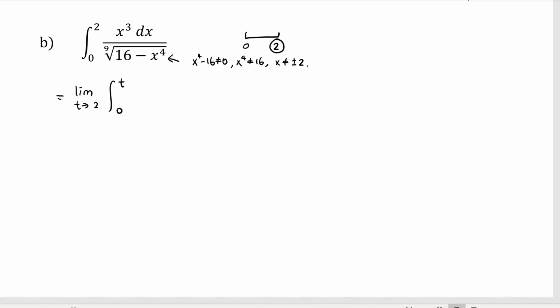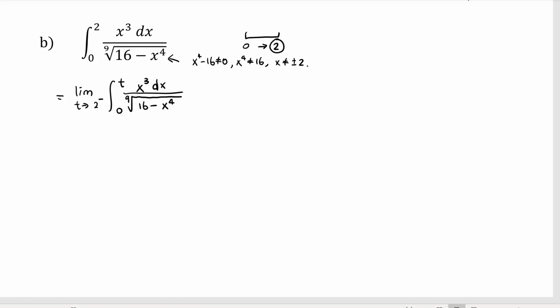T goes to 2 from the left, since the interval is from 0 to 2, so we're approaching 2 from the left. And then we have x cubed dx over the square root of 16 minus x to the 4th.